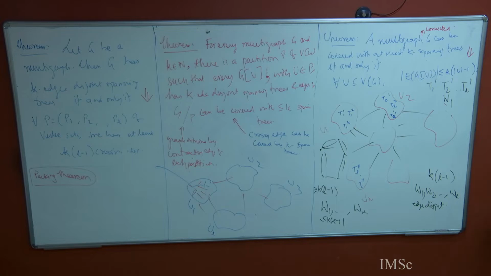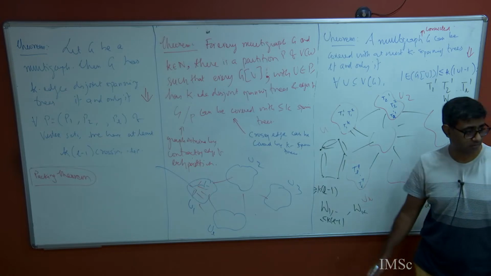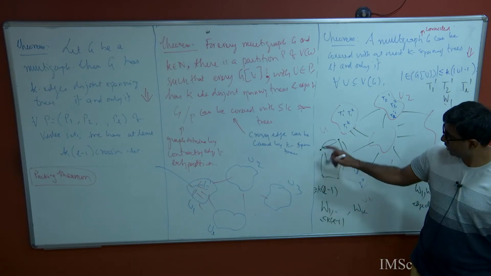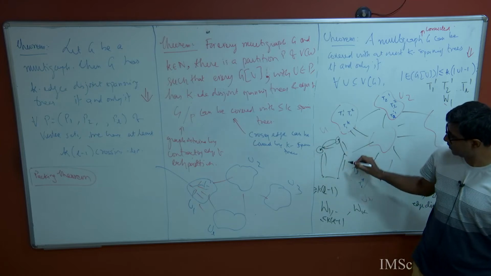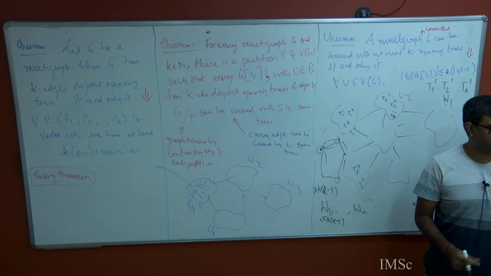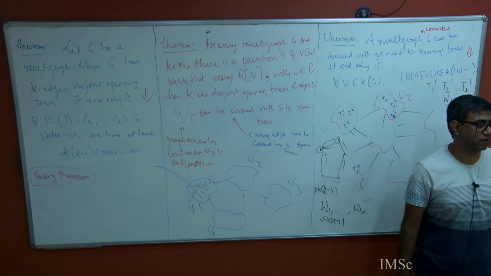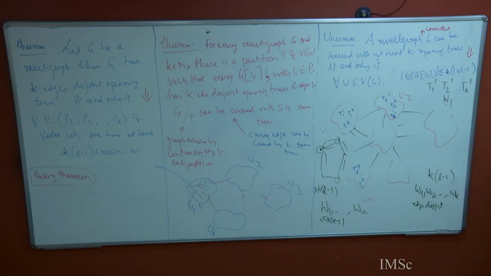What happened? You start with W1, that's a spanning tree where these are fat vertices, right? For each of those fat vertices, I have replaced it with one spanning tree from this. So this is one spanning tree, and similarly you can get T1k, T2k, up to TLk and Wk as another spanning tree.